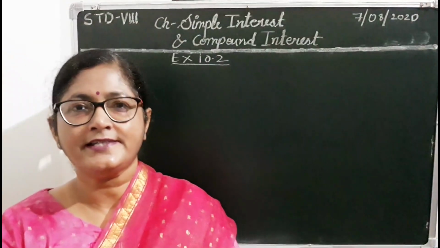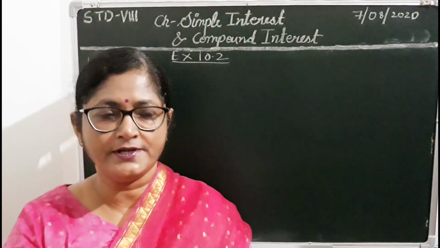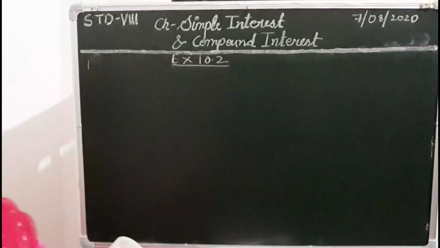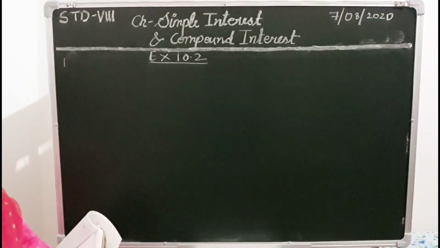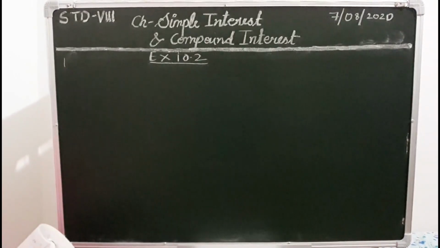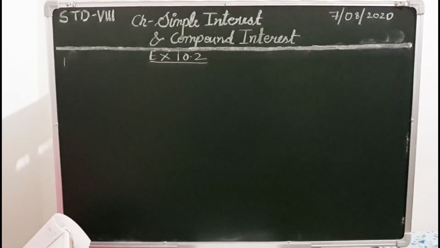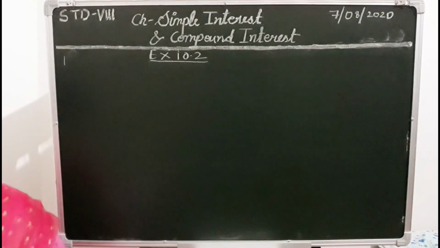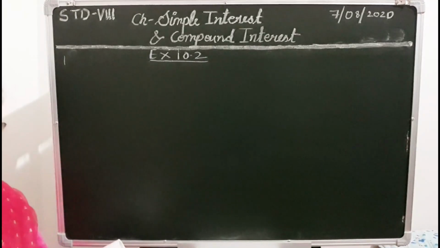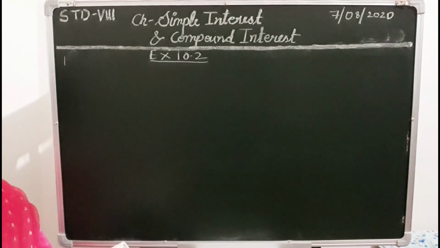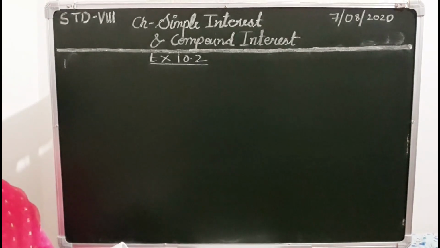Students, exercise 10.1 is not in the syllabus. In the notes, I have solved problems using method 1 in Campus Care. Here, I will teach using method 2. Question number 1. Calculate the compound interest on rupees 7,000 at 9% per annum for 2 years.